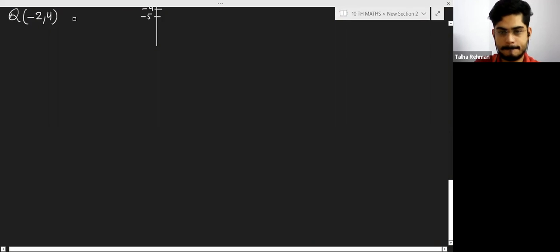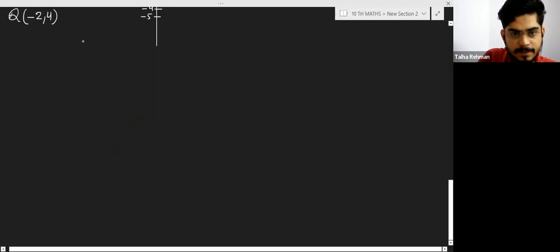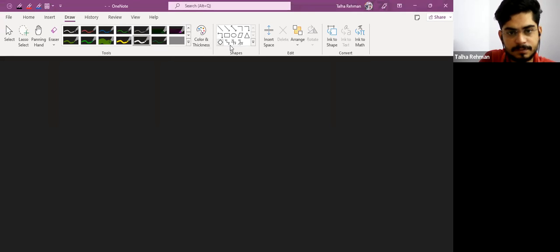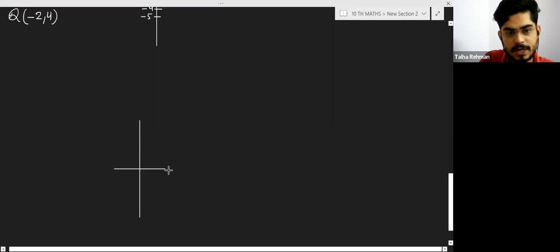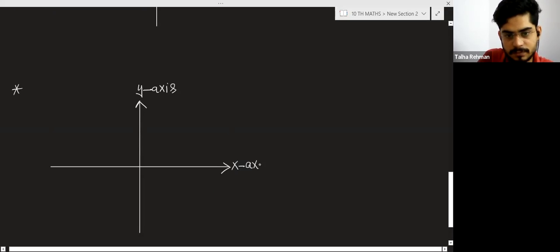Now I am saying that this is the y axis, this horizontal line is the x axis, and this intersection point of both the lines is the origin.